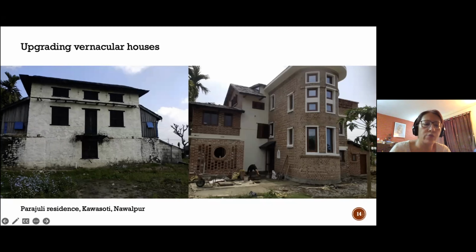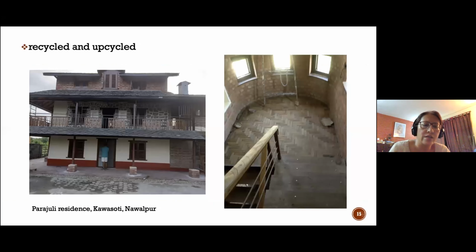Like I said, the roof tiles were taken out one by one and then put back in other parts of the house. So we use every bit and piece of the stone.